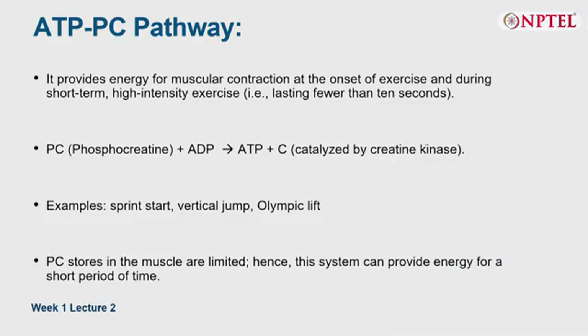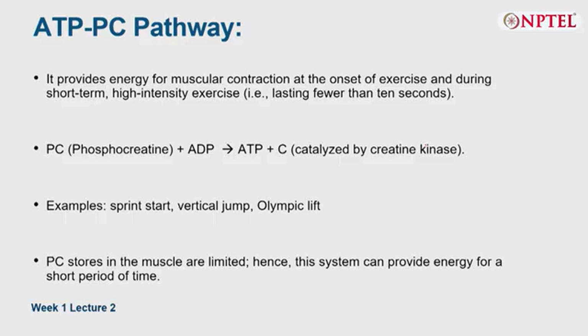The PC store in the muscle is important and limited, hence the system can provide energy for a short period of time, around 10 seconds. If you look at the 100-meter run, the first phase, when you are off the block, is the drive phase.